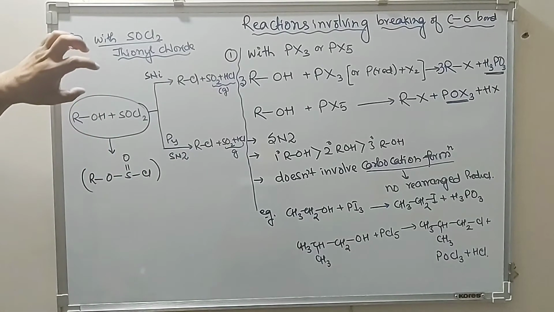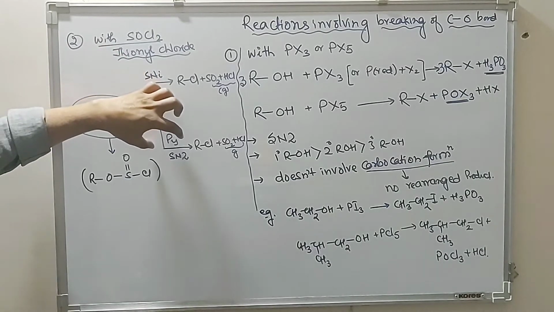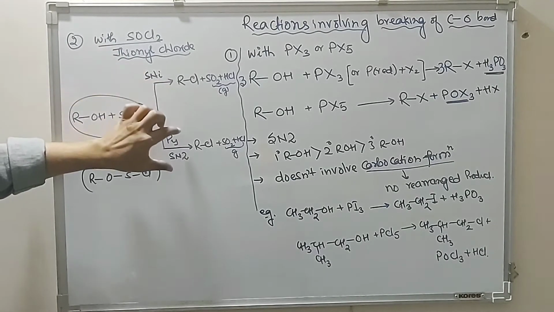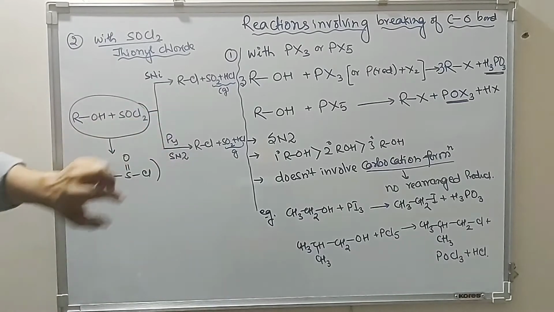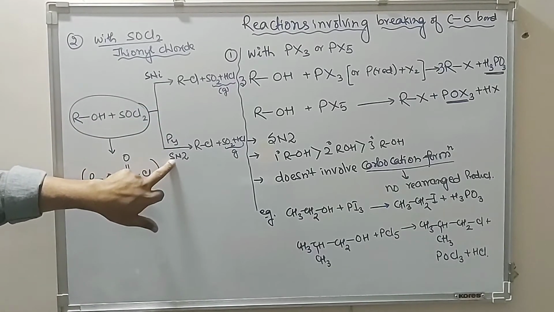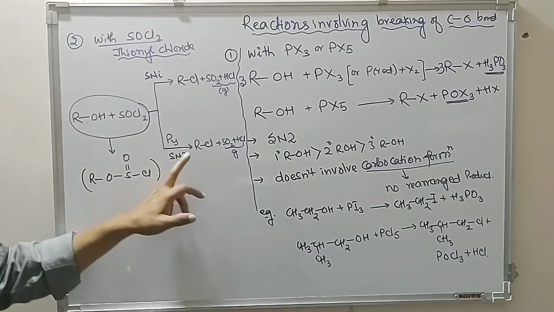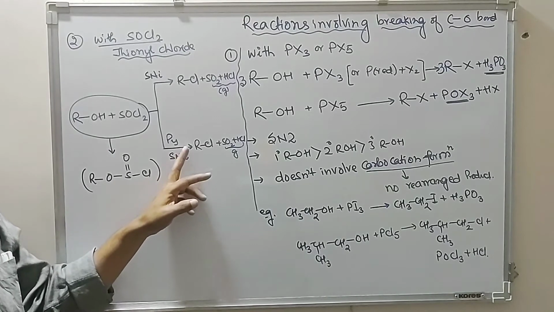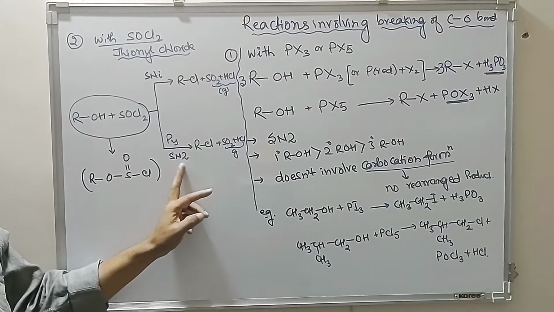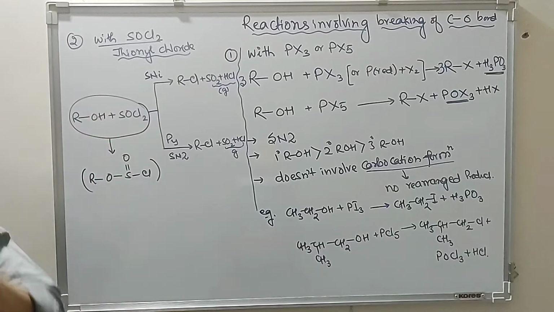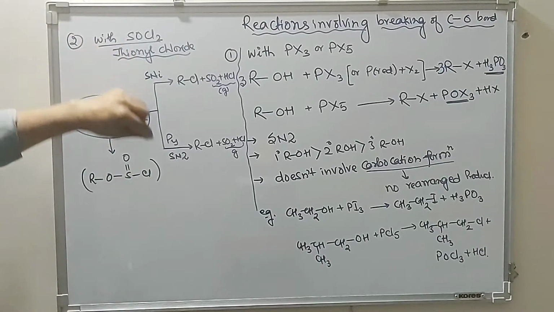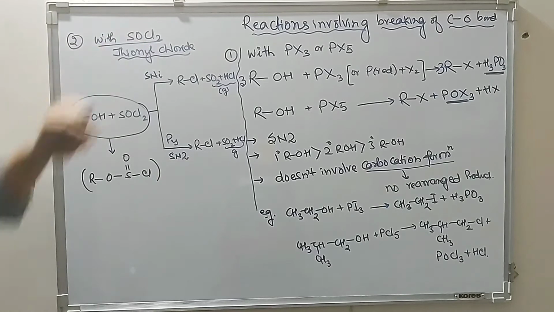So look at this. If the reaction is carried out in presence of pyridine, the reaction being SN2, the alcohol should be primary. If the reaction is carried out in absence of pyridine, the reaction occurs by SNi.